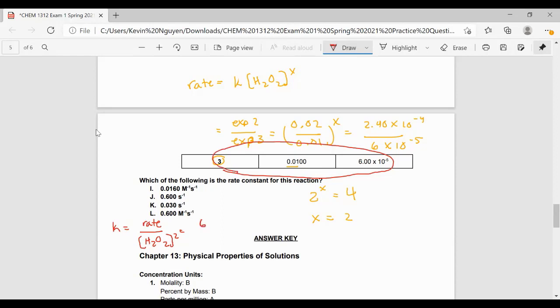So we'll say 6 times 10 to the negative 5 all over 0.01 squared equals what?